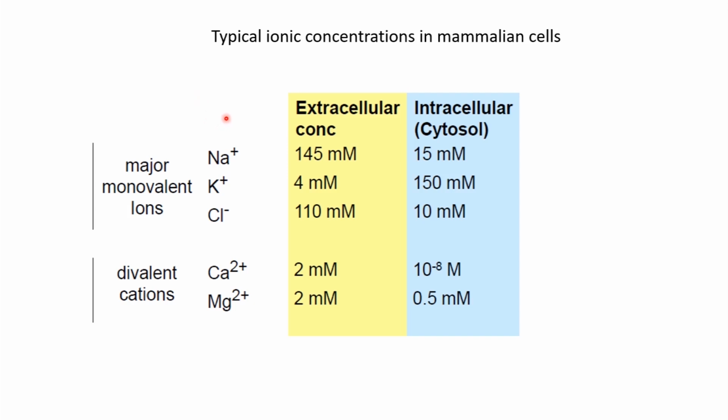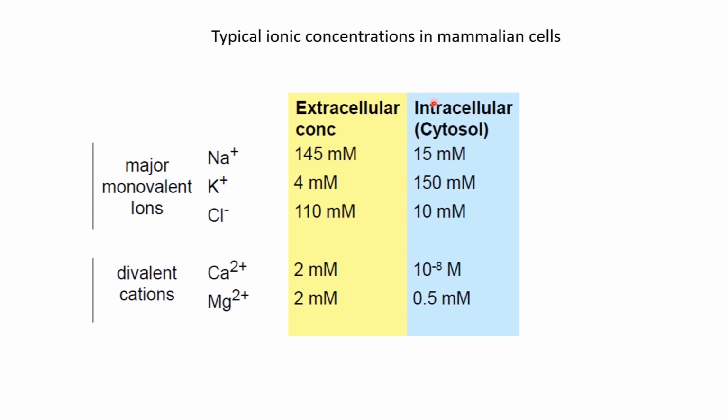So ions that have a single charge are called monovalent ions, and this includes mainly three ions: sodium Na+, potassium K+, and chloride Cl-. And among the ions that have double the charge, these are divalent ions, which include calcium Ca2+ and magnesium Mg2+.